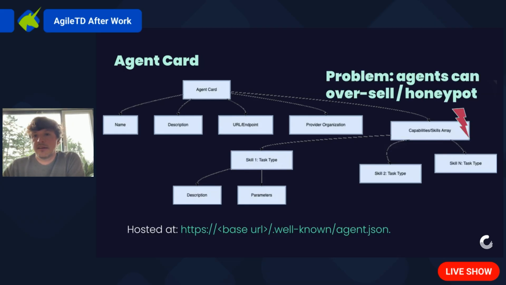But it's also somewhat problematic because the agents can overstate their capabilities and their skills, and it could potentially be used as a honeypot to gain access to more context from other agents.